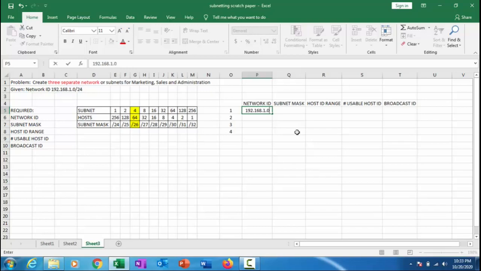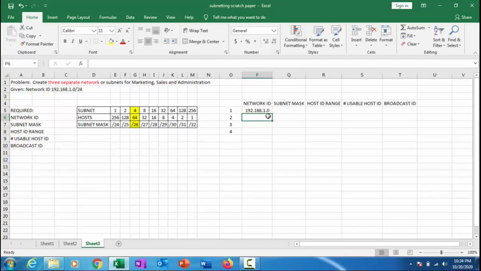Okay, so the next step is we're just gonna fill this up under the network ID. We can do that by just using this data under hosts, which is 64. So we just add 64 to the last, which is 0.